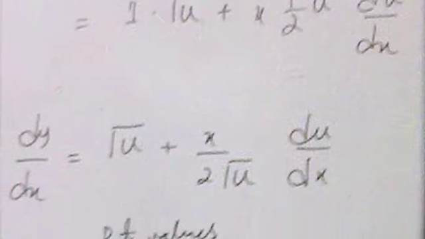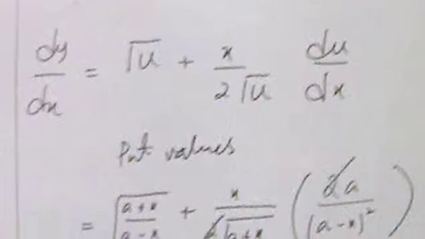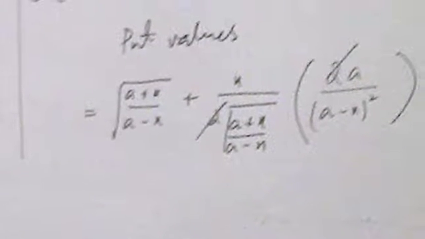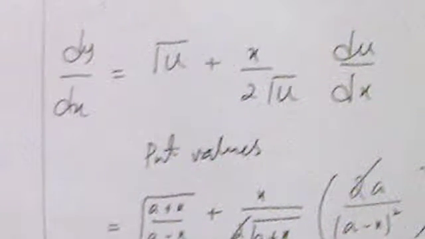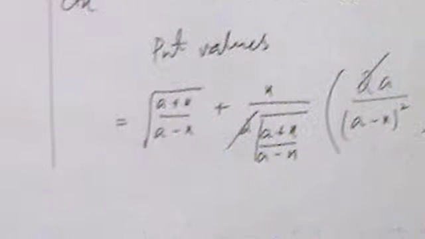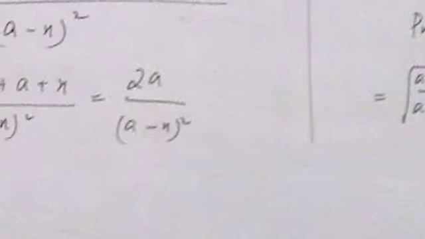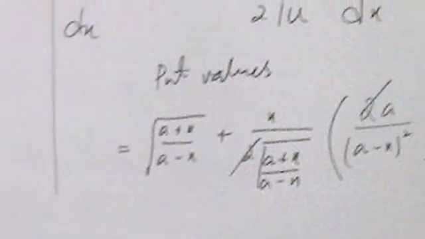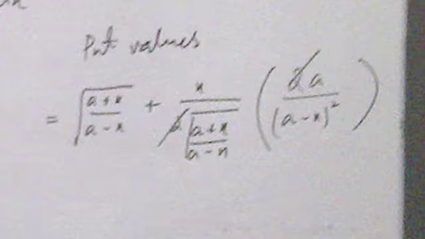Now here we put the values of u and du by dx and get the answer. The value of u we let in the question, and du by dx we found here. We put these values and this is the answer.